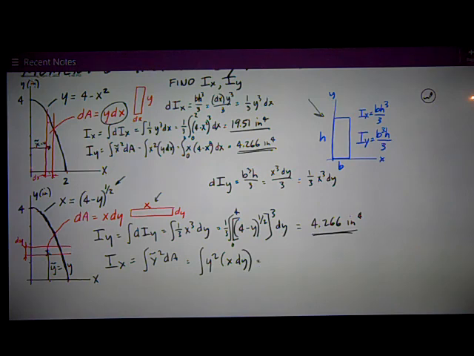So for this case, I have the integral of y squared times 4 minus y to the 1/2 power dy. Plug that into the integral calculator, and I get that same thing, 19.51 inches to the fourth. So you see, it's just two different methods using a vertical strip and a horizontal strip, and that little trick of the little differential dIx or dIy, depending on which strip you're using.